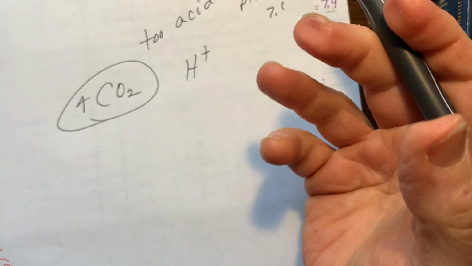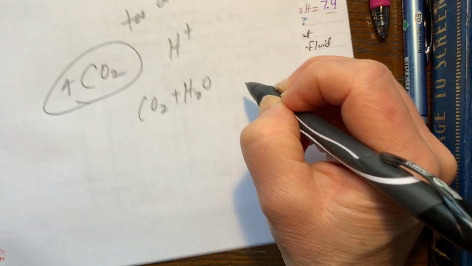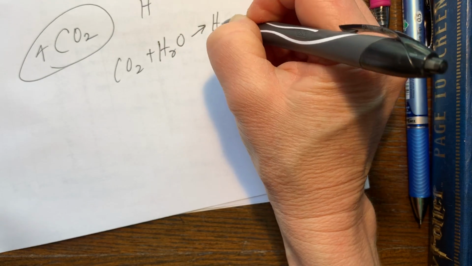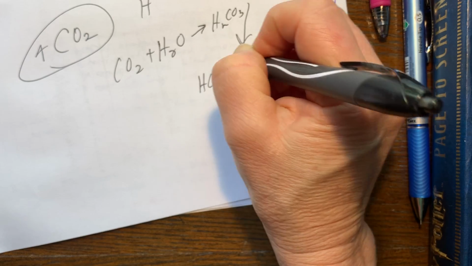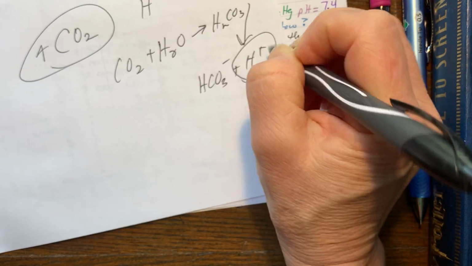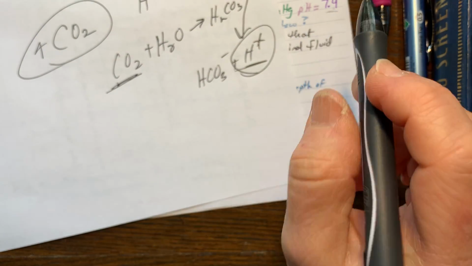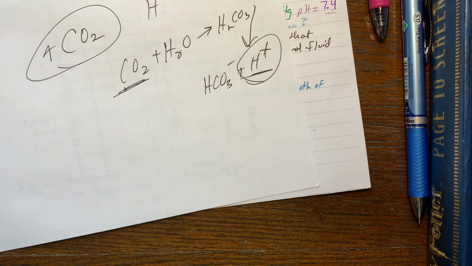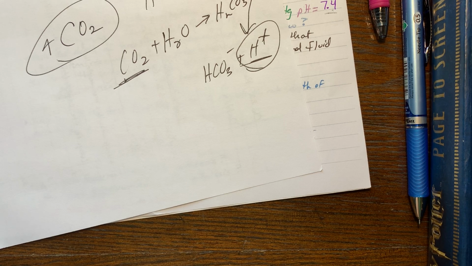Because of this equation I keep showing you all the time, if you have a lot of this, you're going to have a lot of this. So how could your body fix this? If your pH is too acidic, then you need to get rid of CO2.